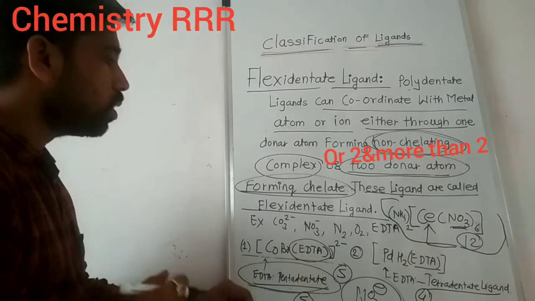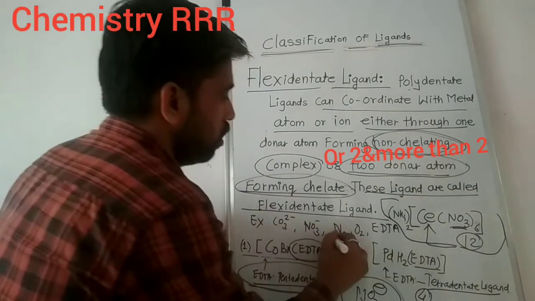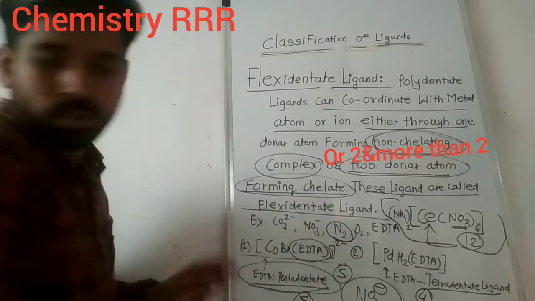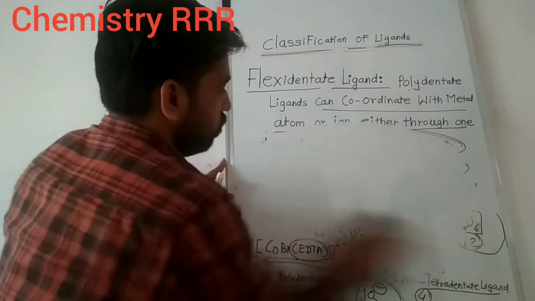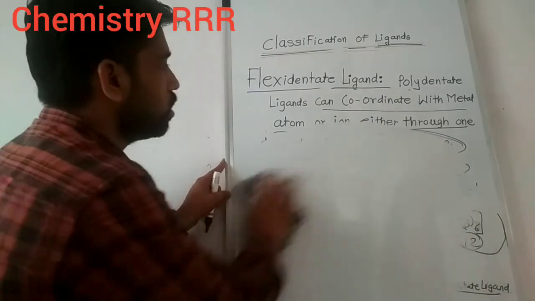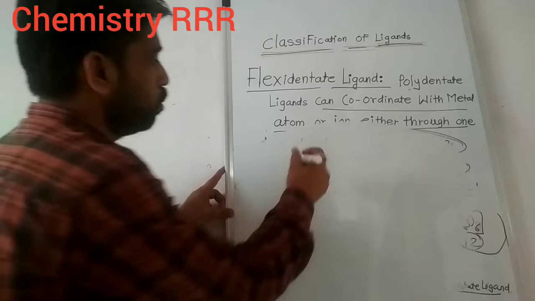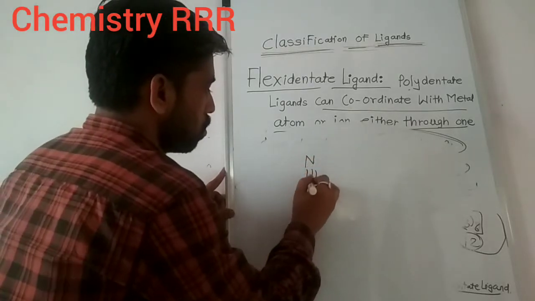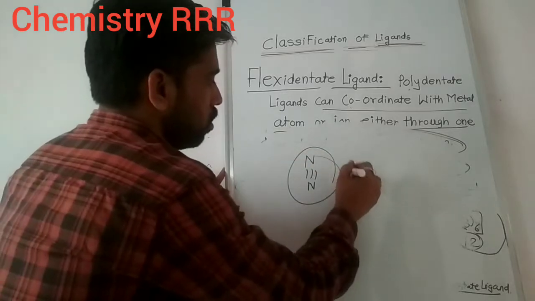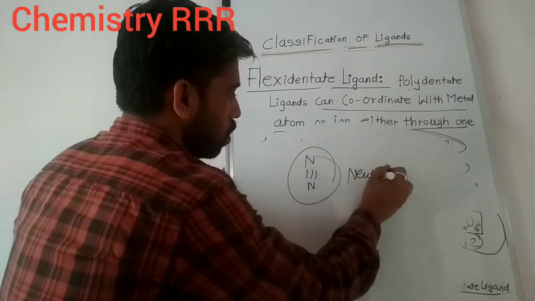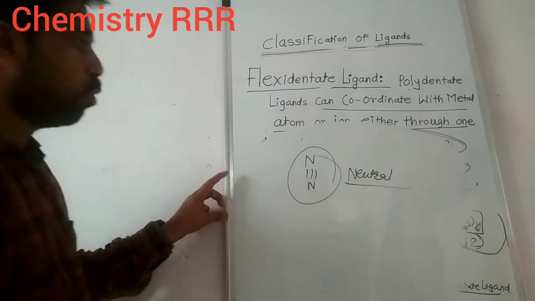Now another example is the N2 molecule. Another example of a flexidentate ligand is N2. This is a neutral monodentate ligand.